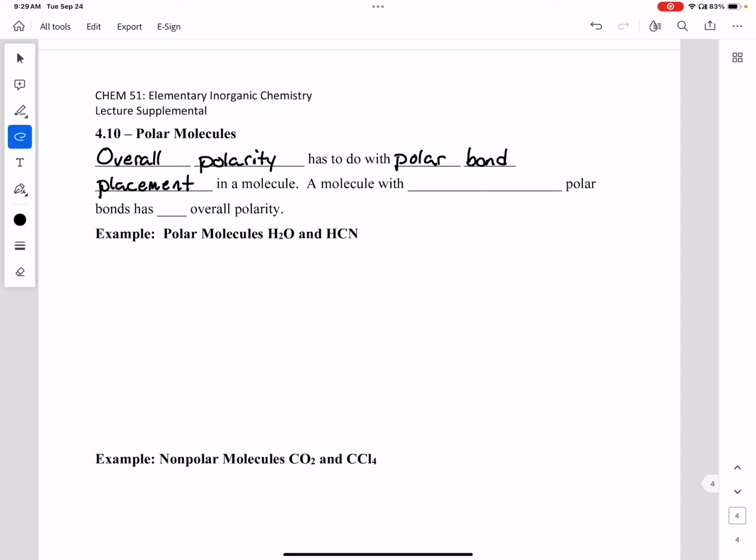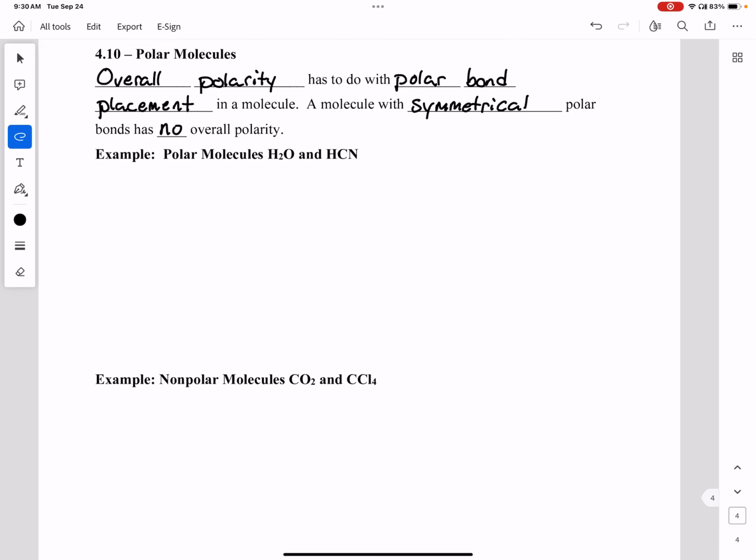So it depends upon bond angles. For example, a molecule with symmetrical polar bonds would have no overall polarity. So let's look at some polar molecules and some molecules with polar bonds but are nonpolar overall.